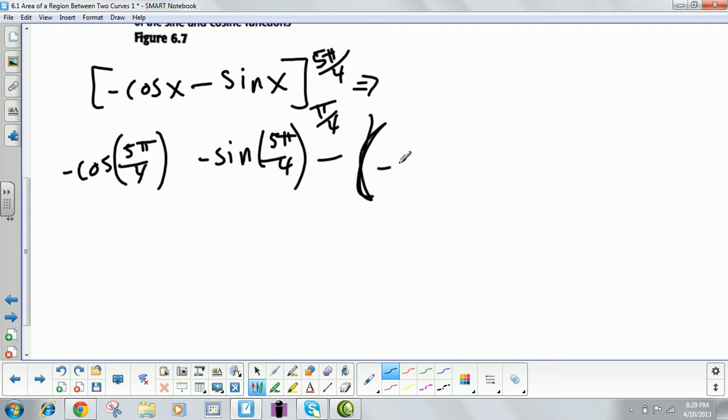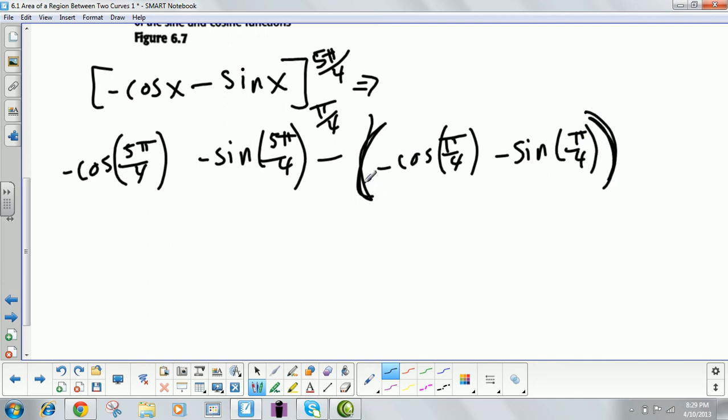Now you're going to put pi over 4 in there, so it'll be negative cosine of pi over 4 minus the sine of pi over 4. You need to distribute, be really careful. You need to distribute this negative in, so this becomes a positive, this becomes a positive, and this becomes a positive. So now what you can do is you can simplify.